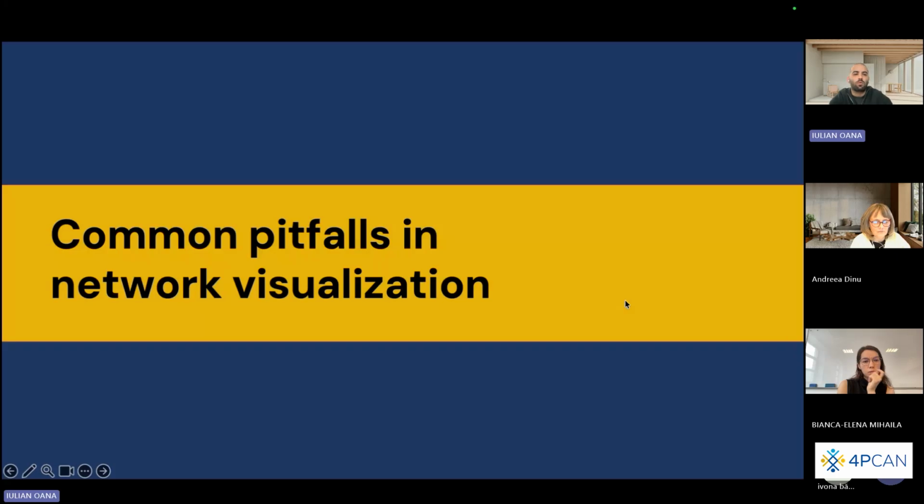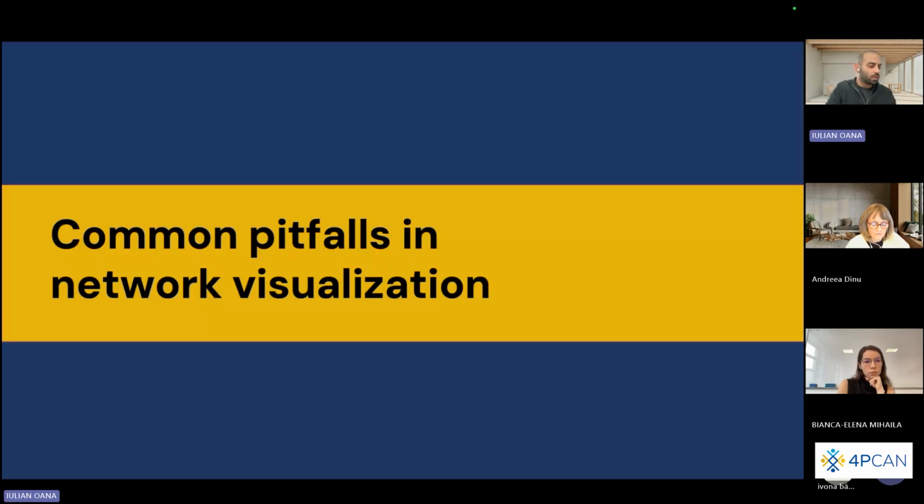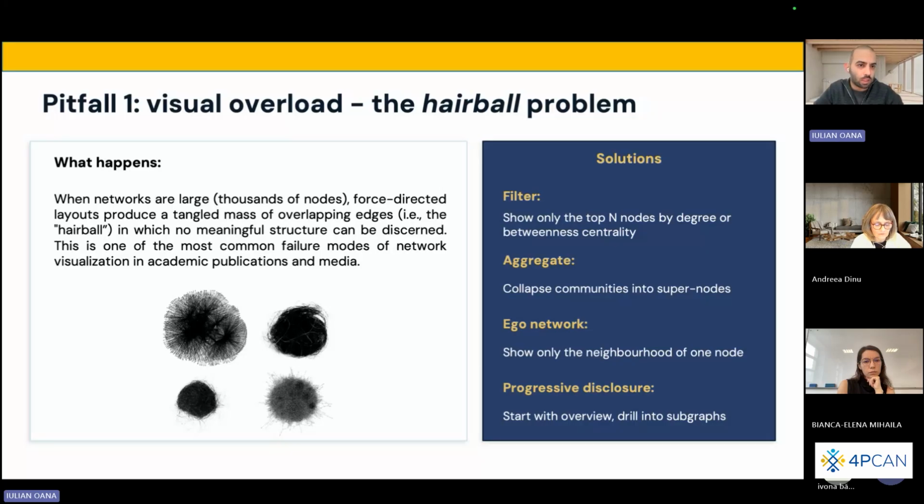Okay. Now, lastly, before we go to the mini exercise, some common pitfalls in network visualization. First of all, and most common, is visual overload, and a lot of times this is also known as the hairball problem.